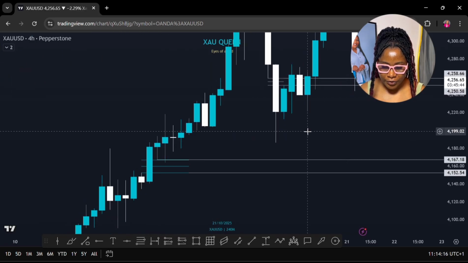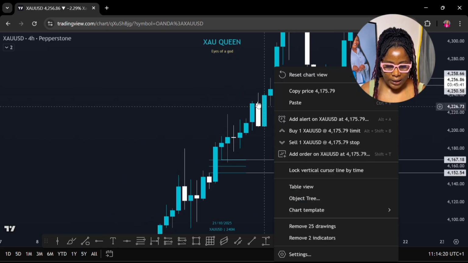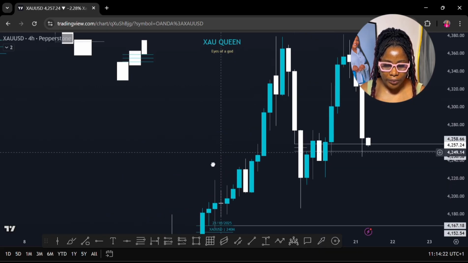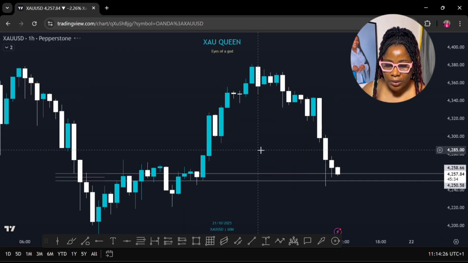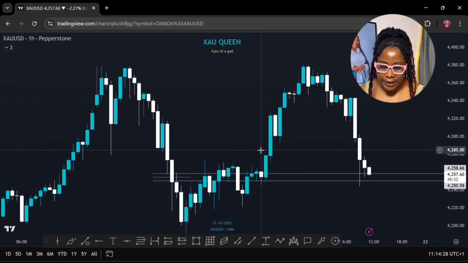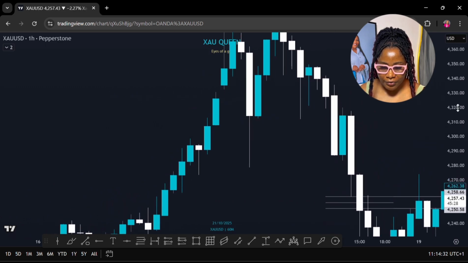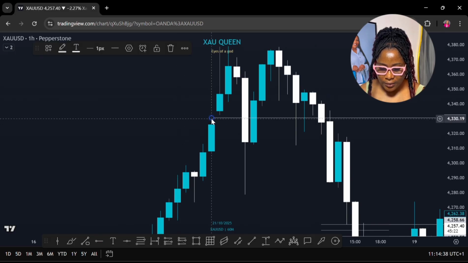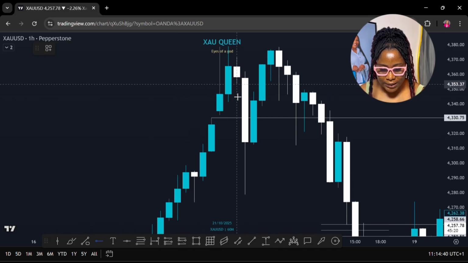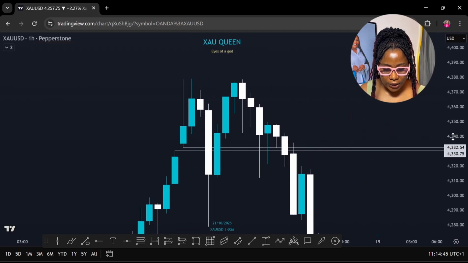Let me give you a few more examples. Now let's do this before we move. I saw a void here. So this is an example of a liquidity void. You can see there is a gap between these two.